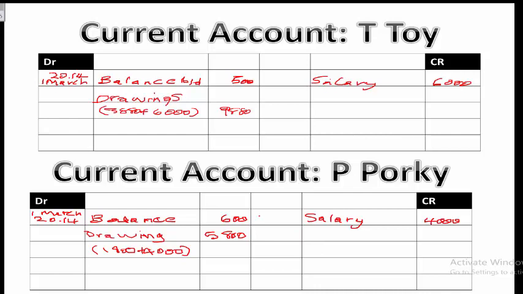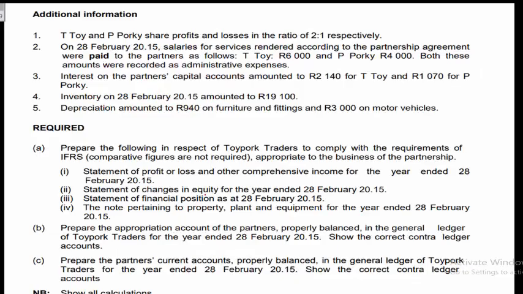After having done this, we are quickly now going to look at other transactions that affect the current account and the appropriation account. So once we have done this though, what we can do is we can make a double entry adjustment. But before we do that, let's go back and check our both these amounts were recorded as administrative expenses, so they must be deducted from administrative expenses.